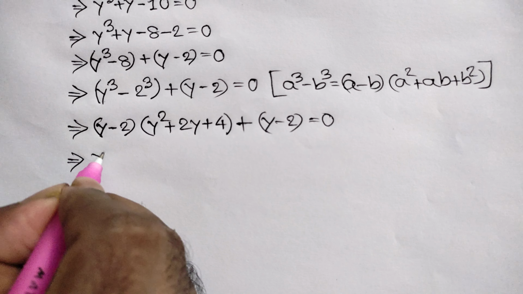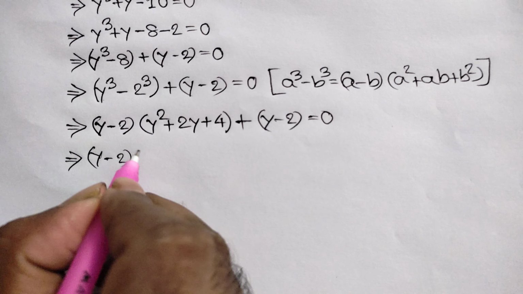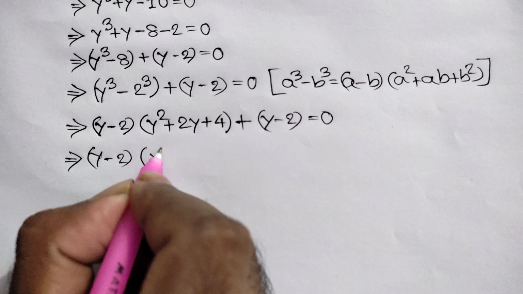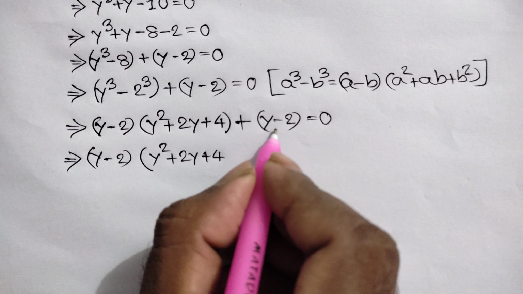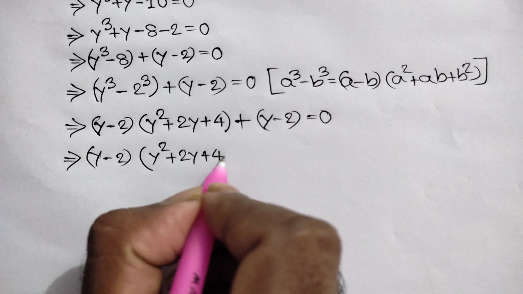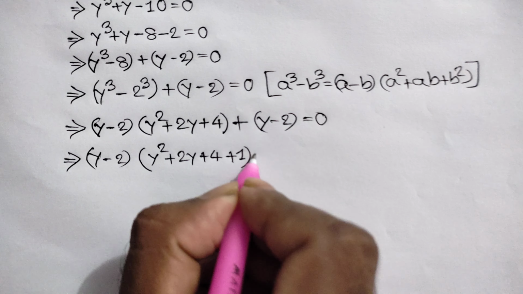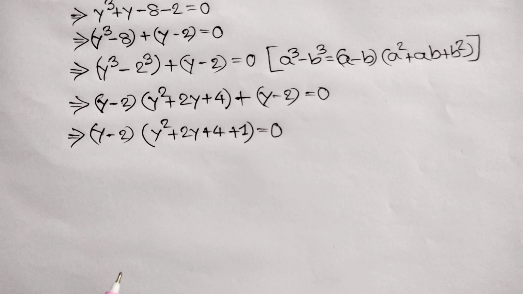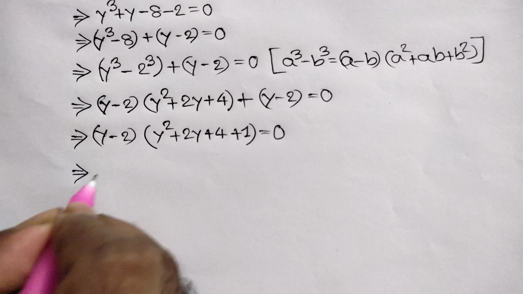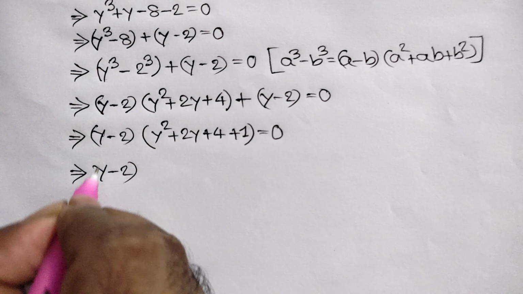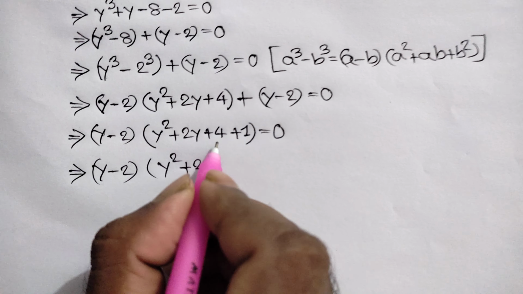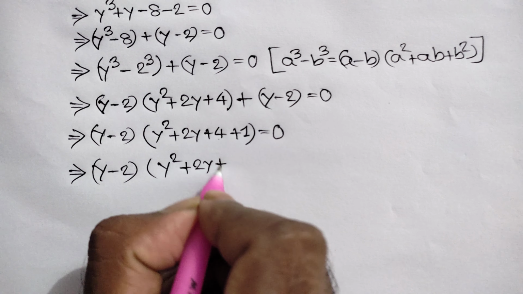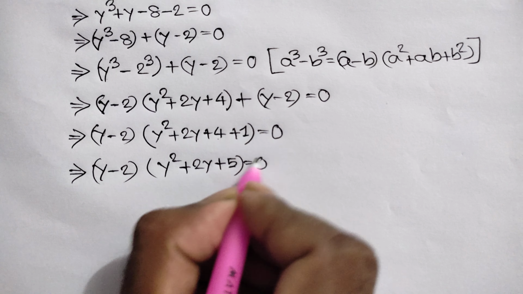Now taking common y minus 2, we will get y square plus twice y plus 4, and here we will get plus 1 is equal to 0. So y minus 2 times y square plus twice y plus 5 is equal to 0.